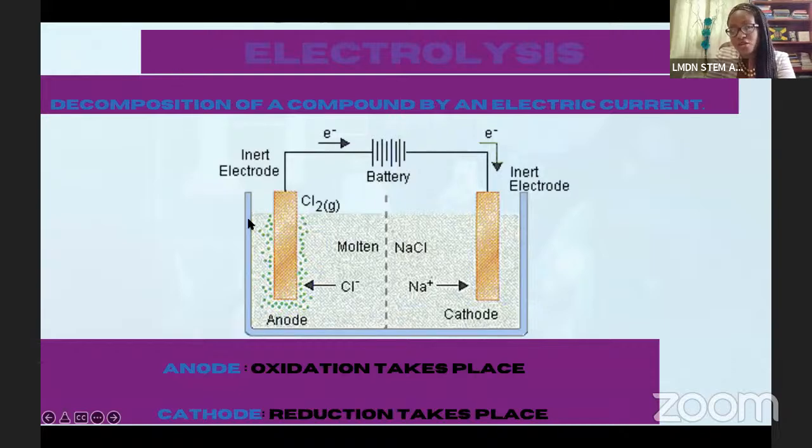So we have our electrodes, we have our anode, we have our cathode. We mentioned earlier how we have two classes of electrodes: inert and active. Can somebody give me two examples of inert electrodes? What element or what compounds would make up an inert electrode versus our very common active electrode?